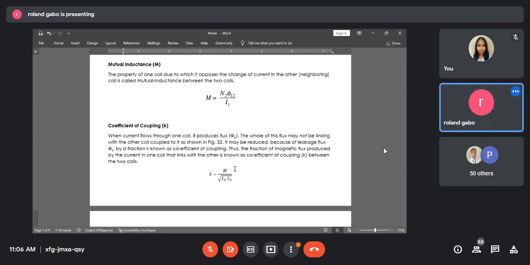So K, or coefficient of coupling, is equals to the mutual inductance divided by the square root of the self-inductance of coil number 1 and the self-inductance of coil number 2.